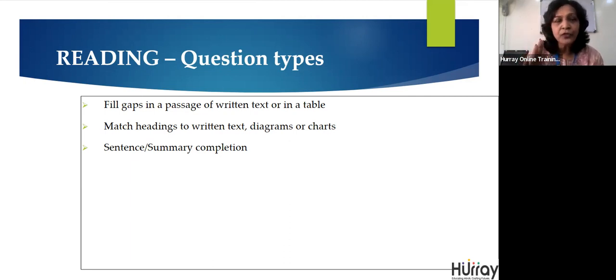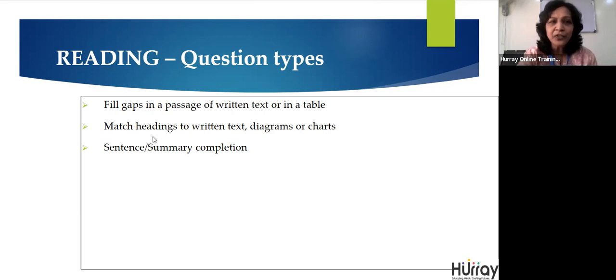And you have to read the sentences and that summary, and you have to choose words. The words could be a separate group of words given in a box, and you have to write the letters, or it could be words from the text itself. There will be instructions clearly provided as to what you're supposed to do for every question type. So you must read the question instruction and the word limit to be able to know what you're supposed to do and how many words you can use for your answers.